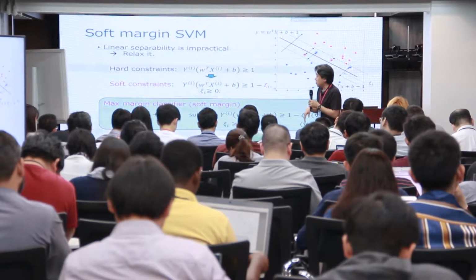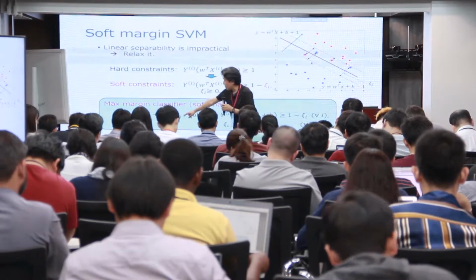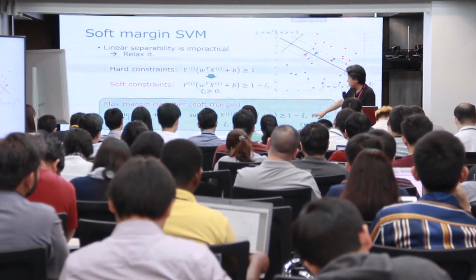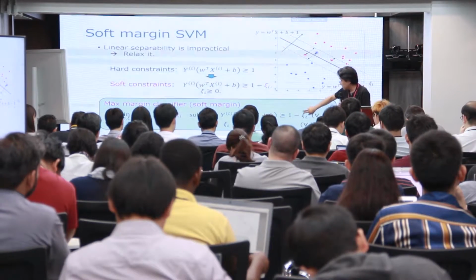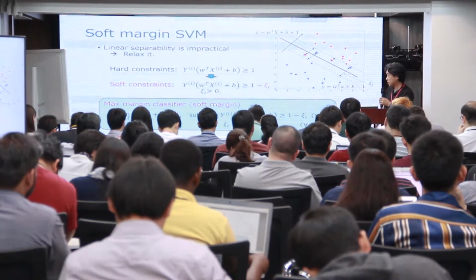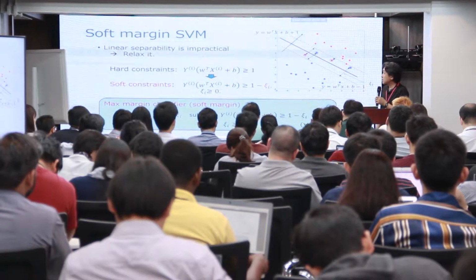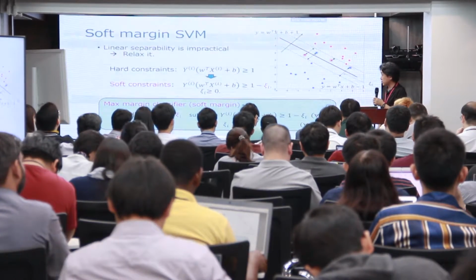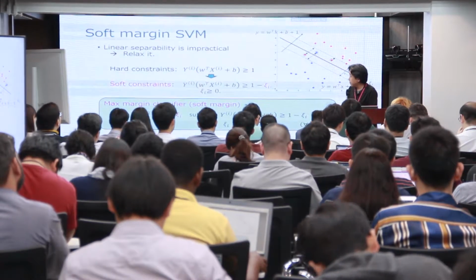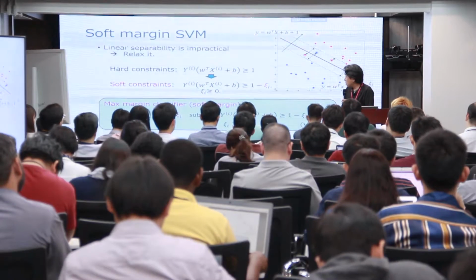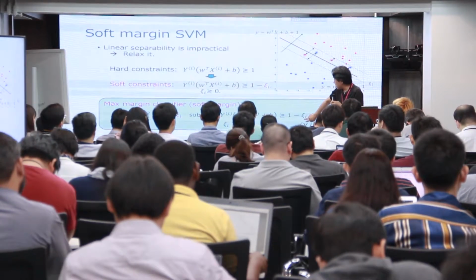And we want to minimize the summation of these two terms under the constraint of this new inequality, including the break Xi. Okay. This is called the soft margin support vector machine, and we have a new variable Xi.